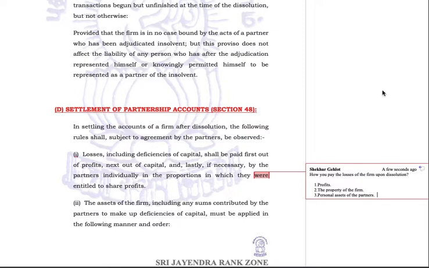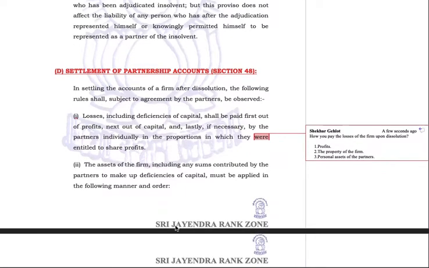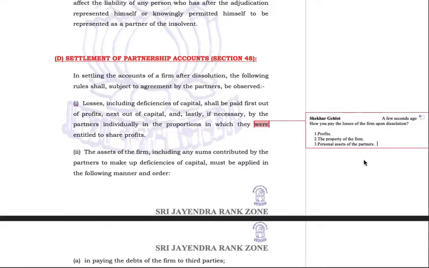The assets of the firm, including any sums contributed by the partners to make up deficiencies of capital, must be applied in the following manner and order. How the assets of the firm have to be used or sold.